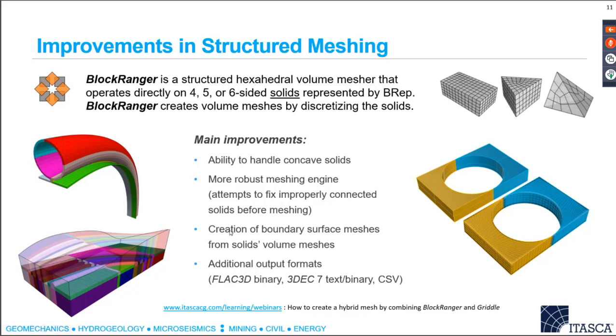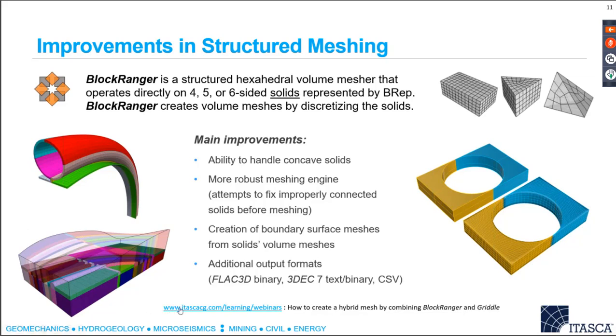Block Ranger also has an option to create boundary surface meshes from solids' volume meshes, like you can see here. This is a new feature. It's somewhat experimental right now, and it can be optimized, but it already proves how powerful this idea is when creating hybrid meshes.